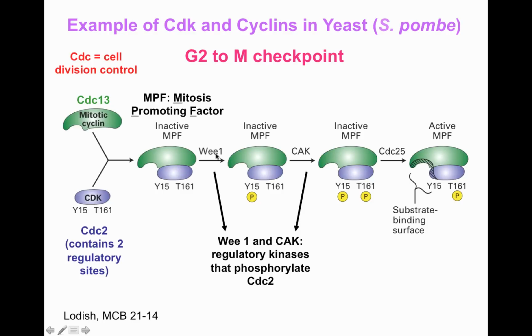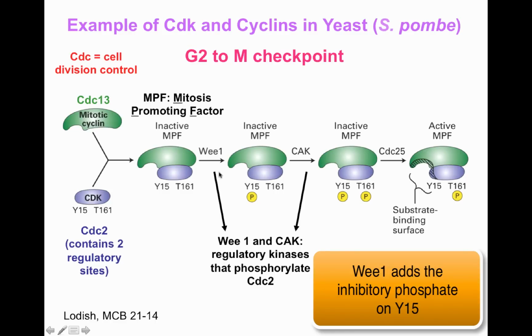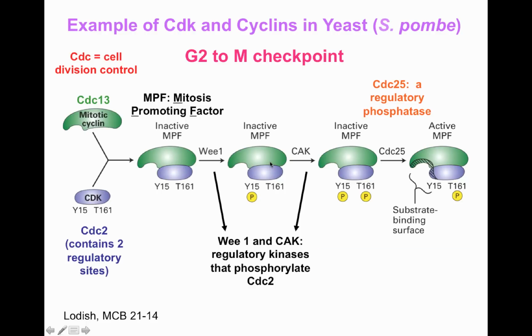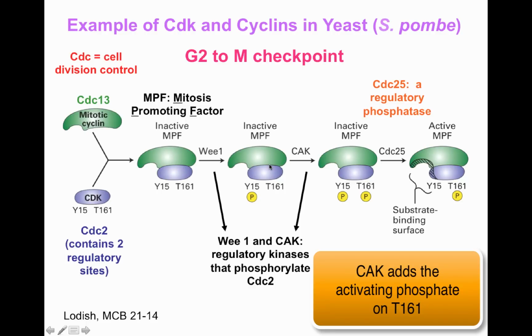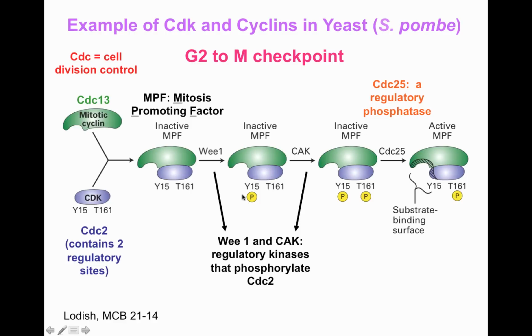We're going to have one kinase, WEE1, as I mentioned, and WEE1 is going to phosphorylate at position tyrosine 15. Another kinase, CAK, is going to phosphorylate the protein at position threonine 161. This molecule has a phosphate at the inhibitory tyrosine position, tyrosine 15, and at the stimulatory or activating threonine 161. And therefore, because the phosphate at position 15 is present, the molecule is inactive.